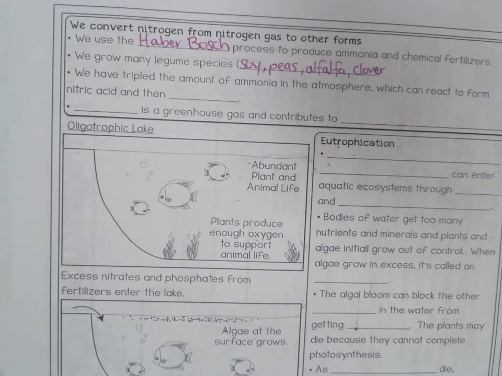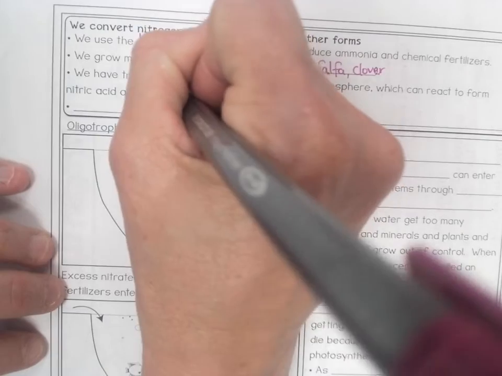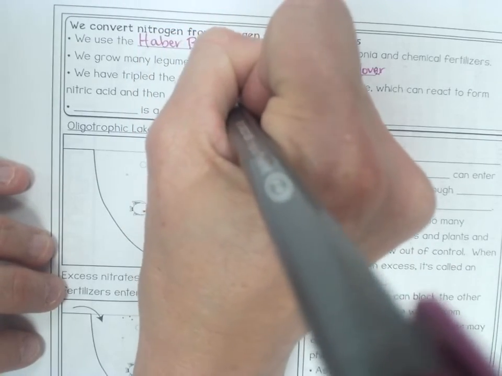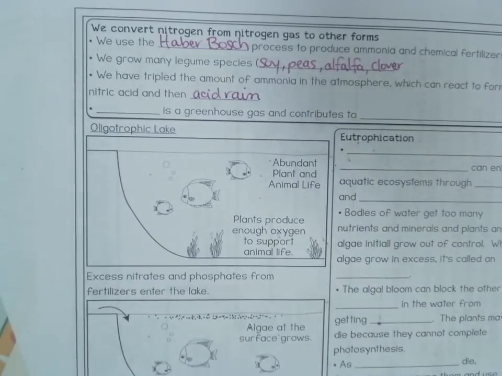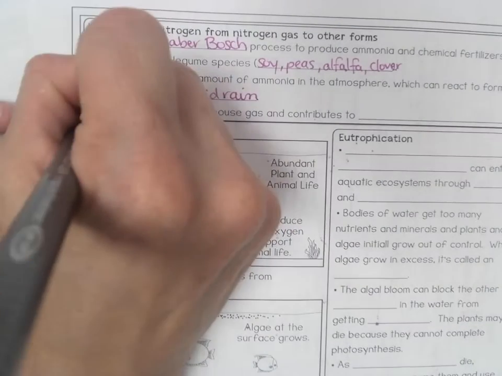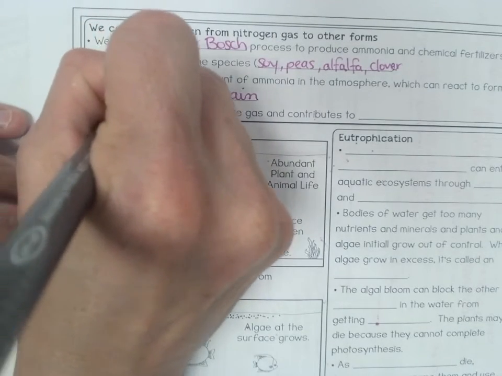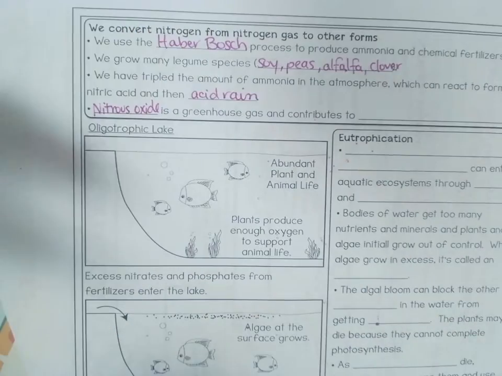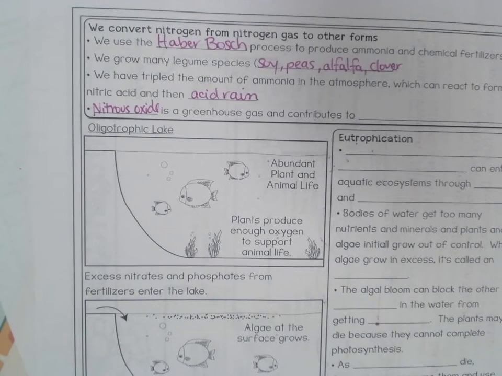We have tripled the amount of ammonia in the atmosphere, which can react to form nitric acid and then acid rain. And nitrous oxide is considered a greenhouse gas and contributes to what scientists believe is happening with global warming and climate change.